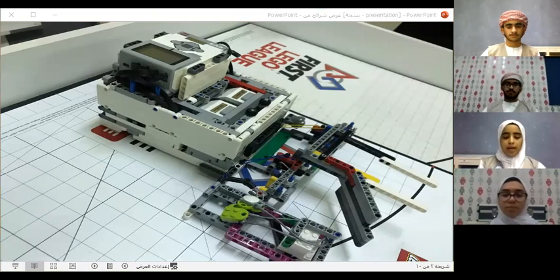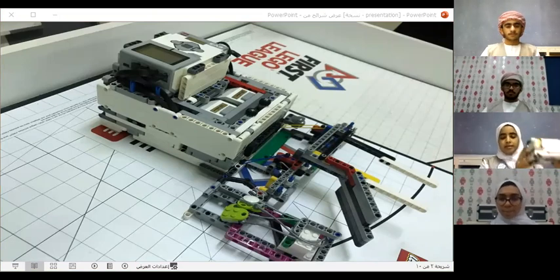Then we designed a basic robot to match the features we needed. And at the end, this is the robot that we designed for this year's FLL challenge under the title Replay. This robot is balanced.